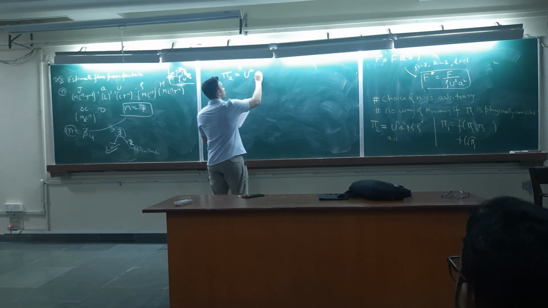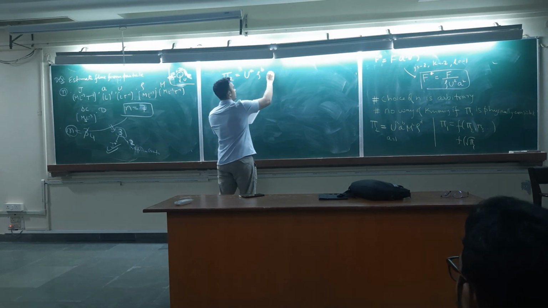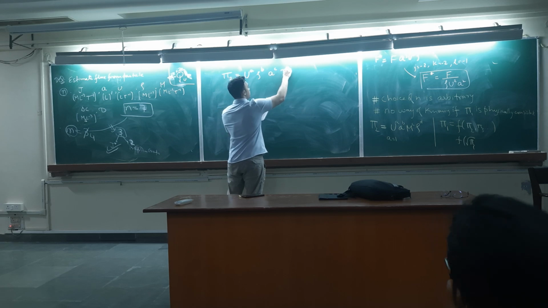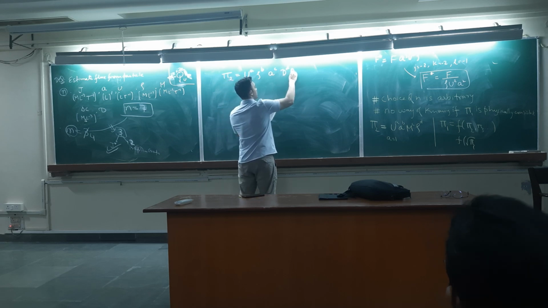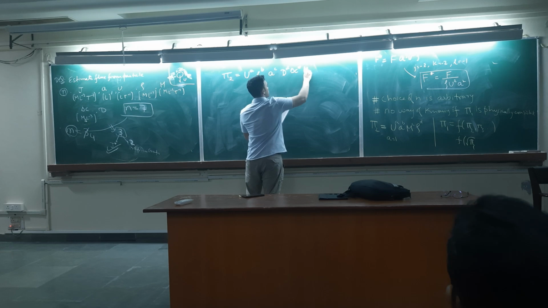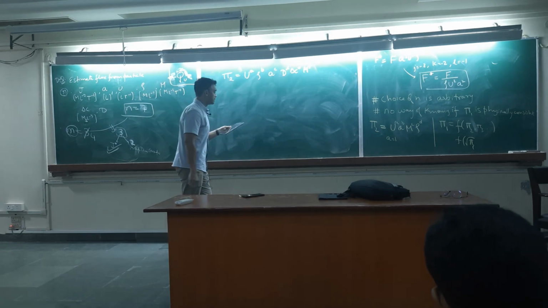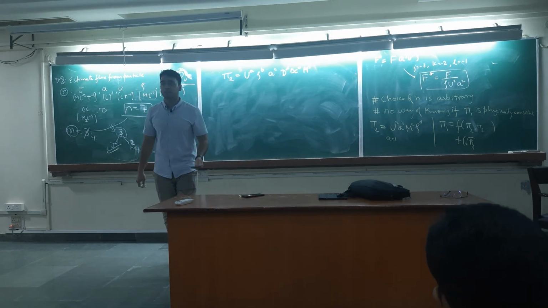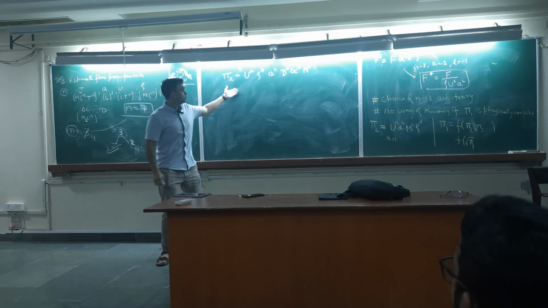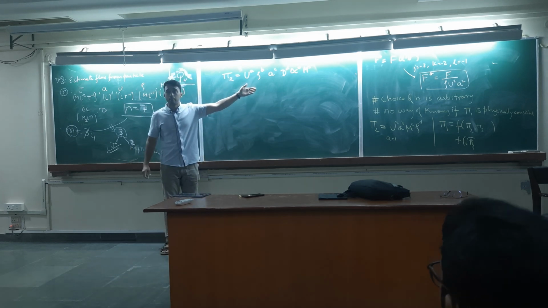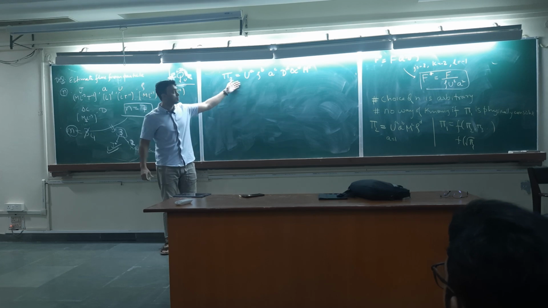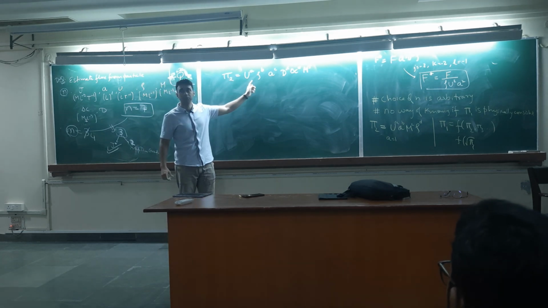U to the power a, rho to the power b, a to the power c, d to the power d, delta c to the power e, viscosity to the power f. Again, can you go forward and match dimensions? If you try to do that, how many equations will you get?